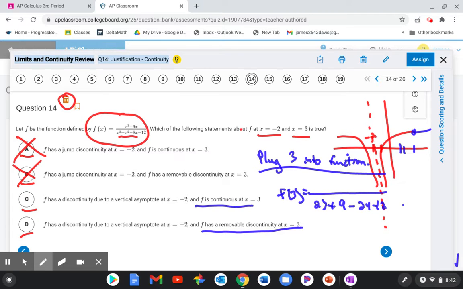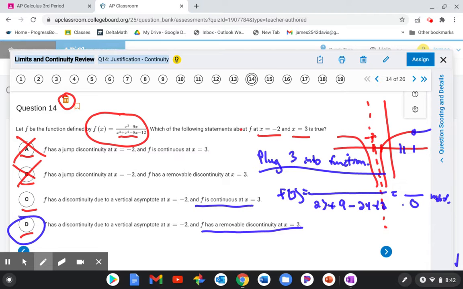So I actually end up with 36 minus 36, which is 0 in the denominator, which means it's undefined. Since it's undefined, there actually has to be some sort of discontinuity there. So it's got to be choice D. That's really the only option, because it is discontinuous at 3.